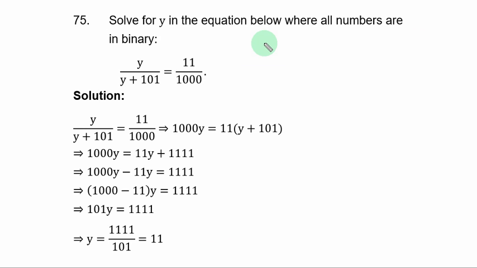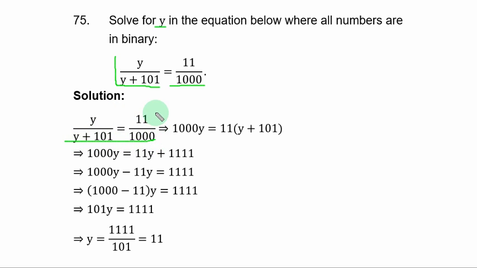Example 75. Solve for y in the equation below where all numbers are binary. So you have y divided by y plus 101 equal to 11 divided by 1000. So this is the equation.